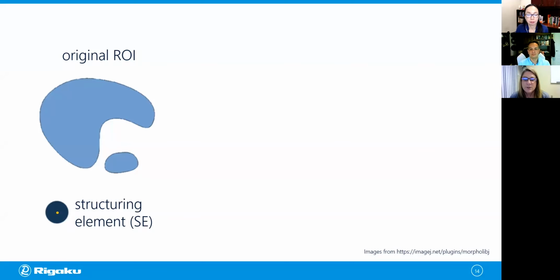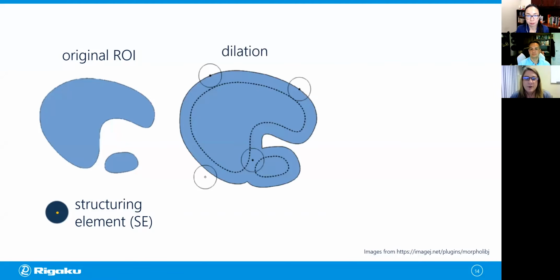Let's look at dilation first. The principle of dilation is to probe this region of interest with the structuring element. In this case, we have a disc-shaped structuring element, and you ask whether the structuring element, with its origin at the center, intersects with the ROI.